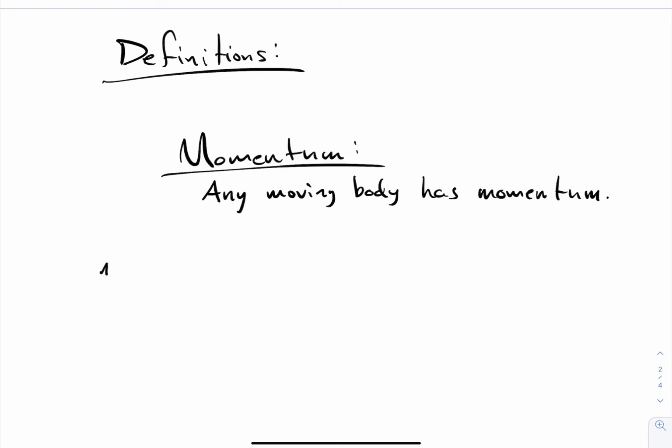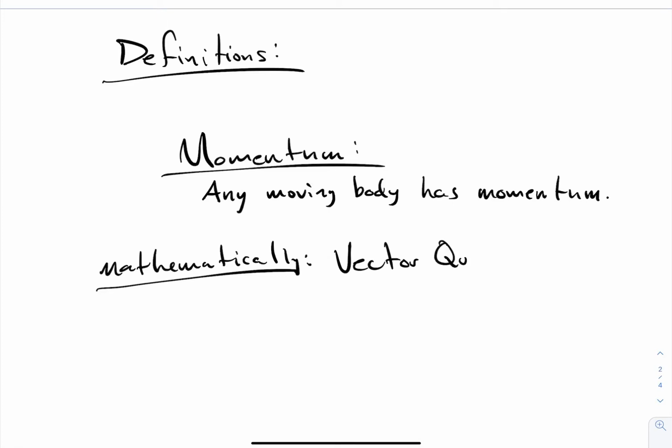Momentum mathematically is a vector quantity, and it's usually given a lowercase p with a vector symbol, and it's equal to mass times velocity.